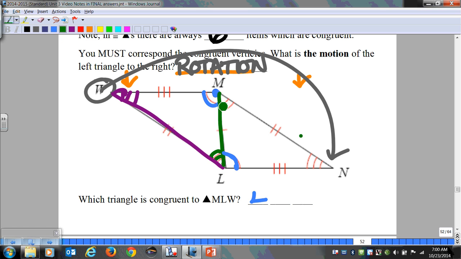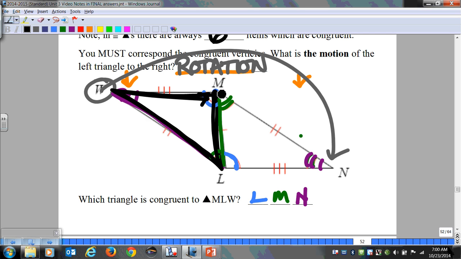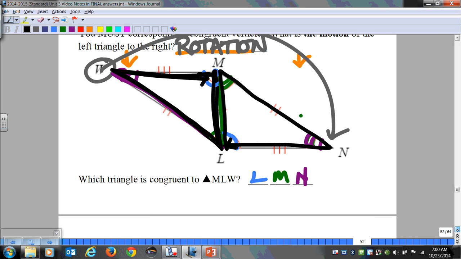Double would be vertex M, and then triple would be, whoops, let's get the color straight here, N. So once again, trace it. M, L, W, single, double, triple, corresponds to L, M, N, single, double, triple. You must correspond those vertices.